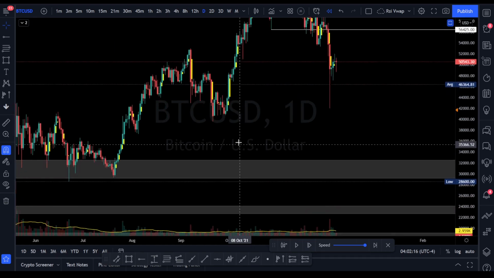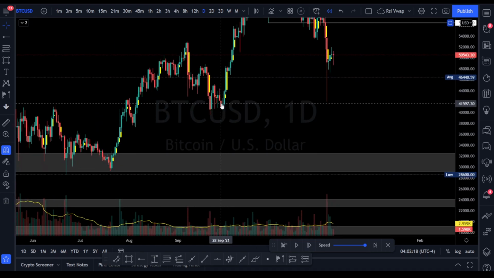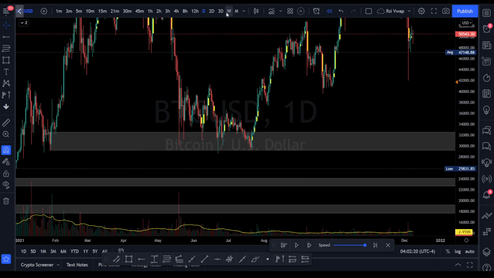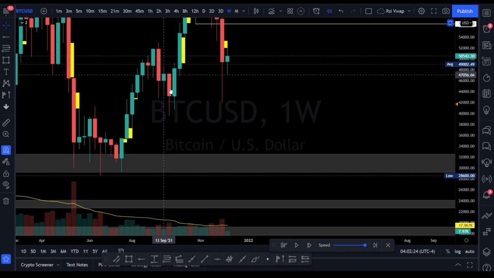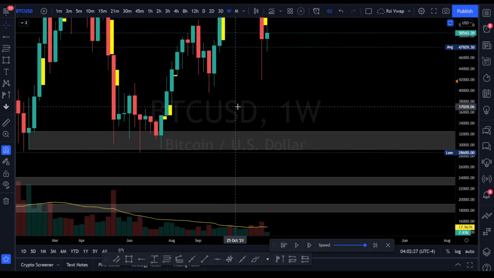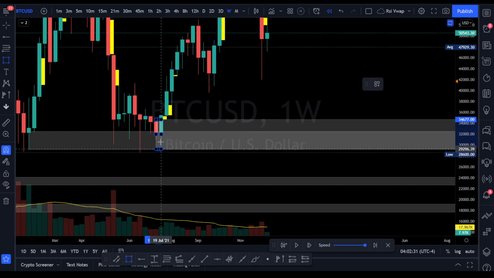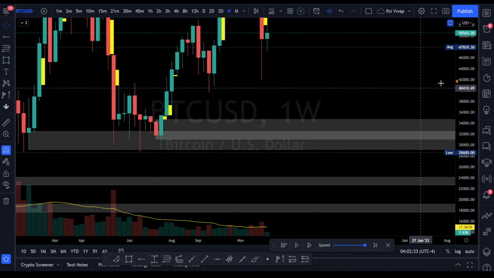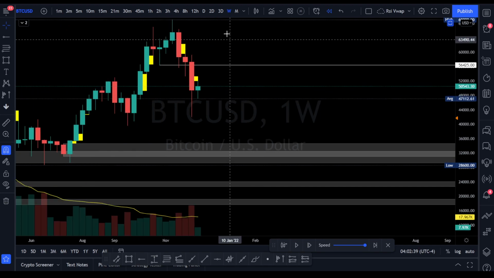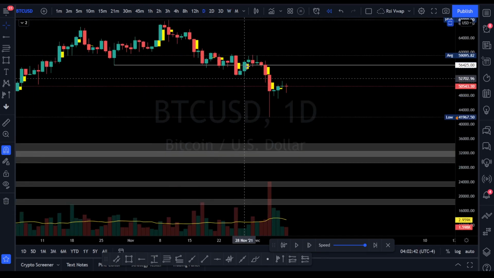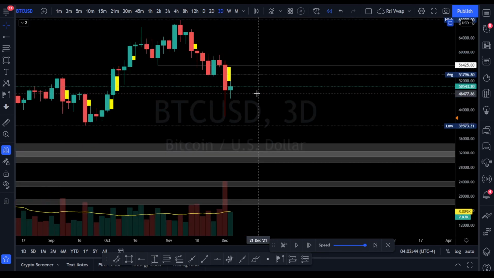At this point, basically, what we're left with is we can go out to the weekly, take a look. We had this order block that's already being mitigated, and then we got a pretty big weekly order block down here that still needs to be tapped into. We know down here is a strong support area. Go back out to the daily, or we can even go to the 3-day at this point.